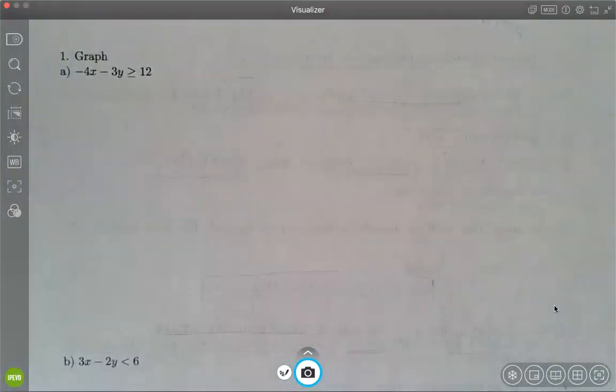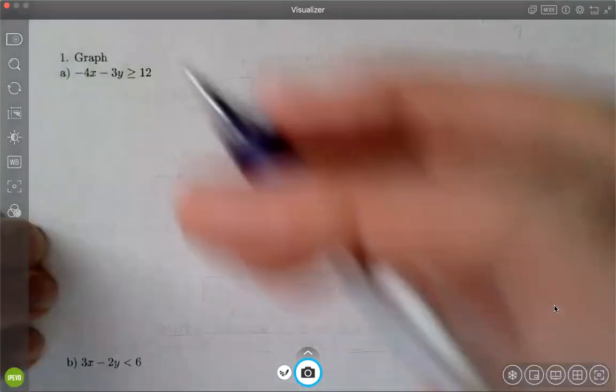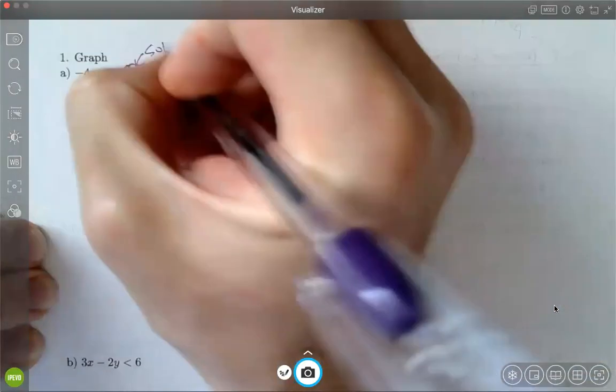What kind of line is it, dotted or solid? Solid, right? Because we have greater than or equal to. So we will have a solid line.